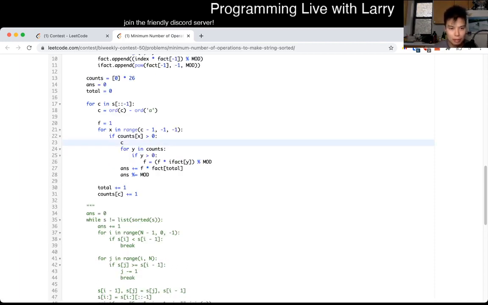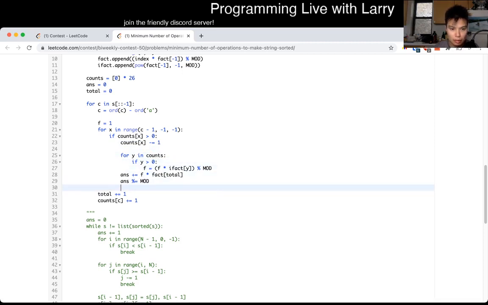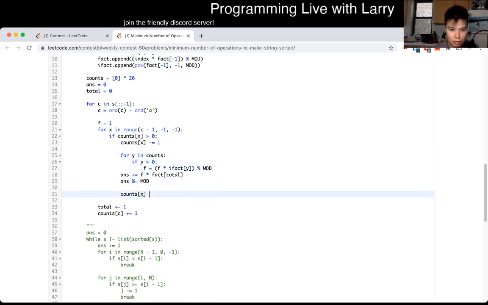How do I do the math? Because then now we're swapping with x, and then we want actually.